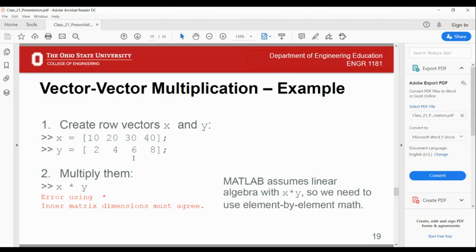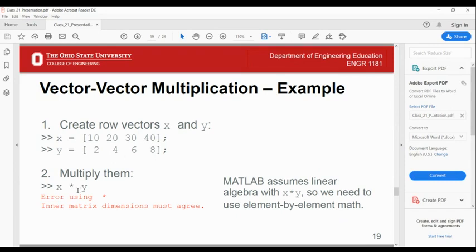If they are different length, then you will get an error. If we are multiplying, the number of columns should equal the number of rows. But if we want to do stepwise multiplication, like just multiply these together, we have to put a dot in front of that multiplication.